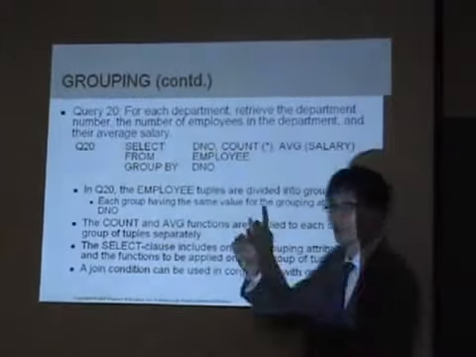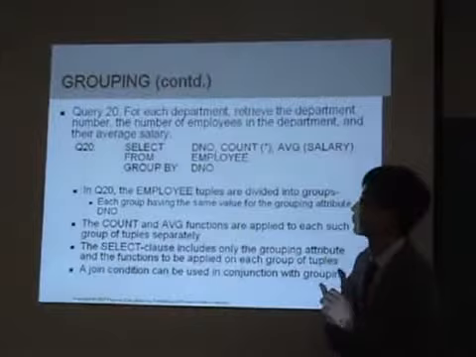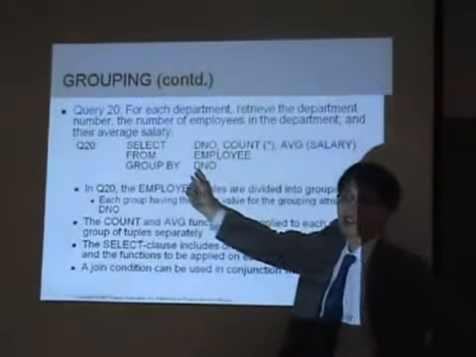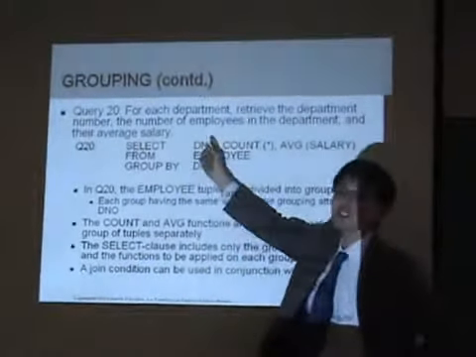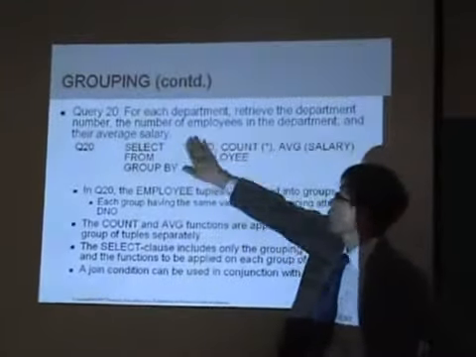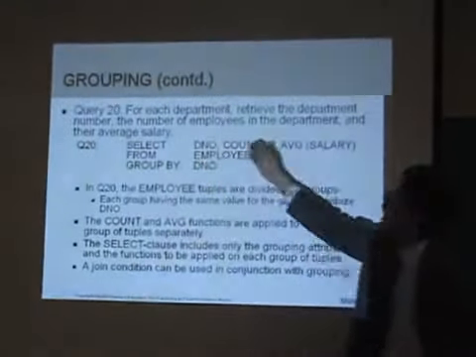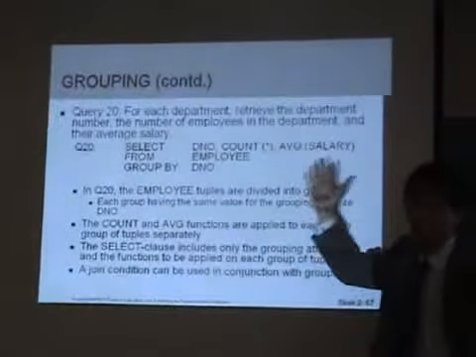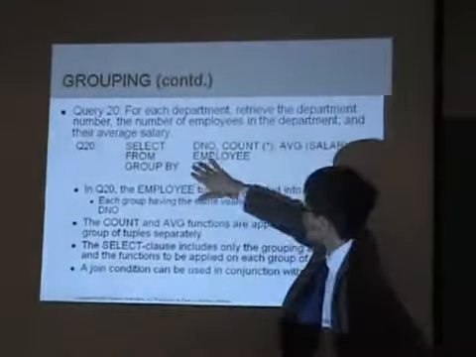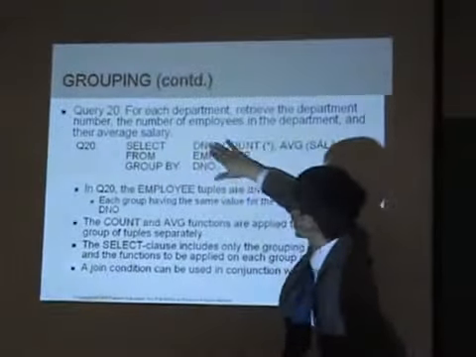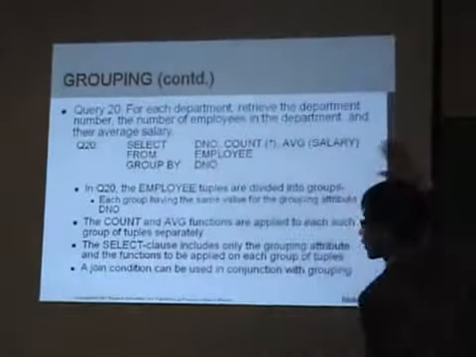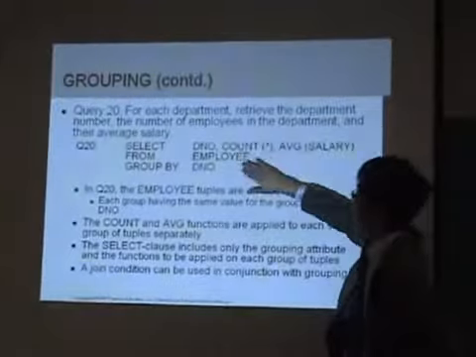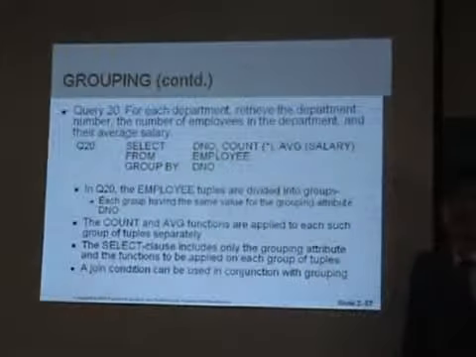At this time, this is very important. The grouping factor must exist in select. Otherwise, if you omit it, how do you know whose data this is? So the group by factor should be the same as the select without the aggregate function. So DNO should be DNO.